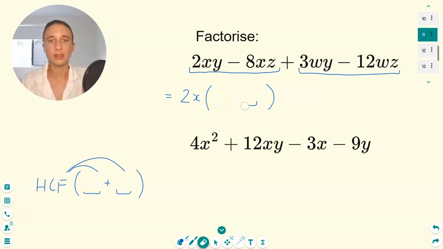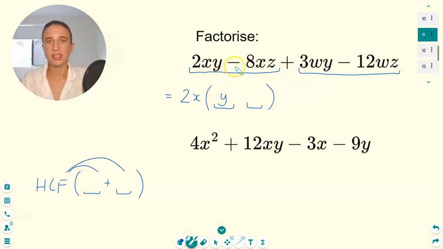So 2x times what number will give me 2xy? 2x times y will give me 2xy. Then I look at, okay, 2x times what number will give me negative 8xz?